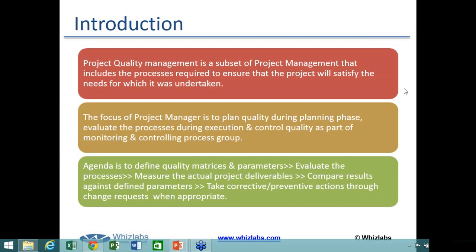The focus of the project manager is to plan quality during the planning phase, evaluate the process during execution, and control quality as part of the monitoring and controlling process.